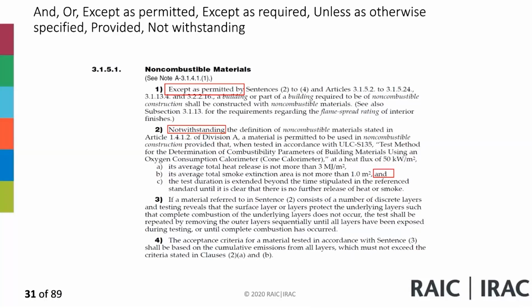Notwithstanding, so let's look at another term, notwithstanding. Notwithstanding the definition of non-combustible materials. Well, let's see. Even though there is a definition of non-combustible material stated in Article 1.4.1.2, can somebody tell us what the definition of non-combustible materials is?